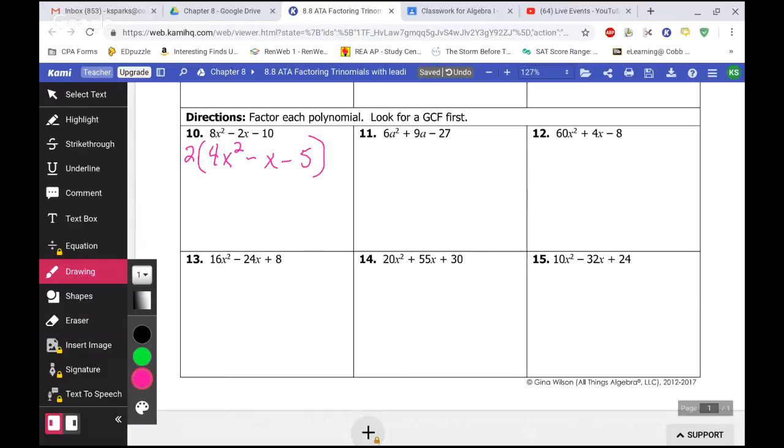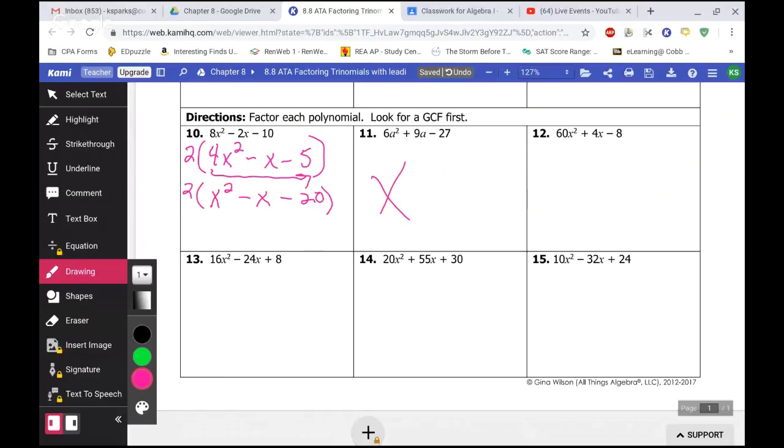Now we can't reduce it any further, but our A is still greater than 1, so we're going to slide by multiplying by 4. Still have to bring that down though. And now we've got x squared minus x minus 20.